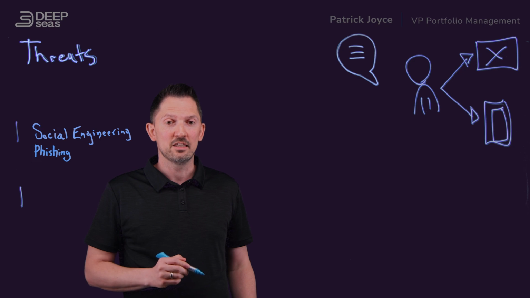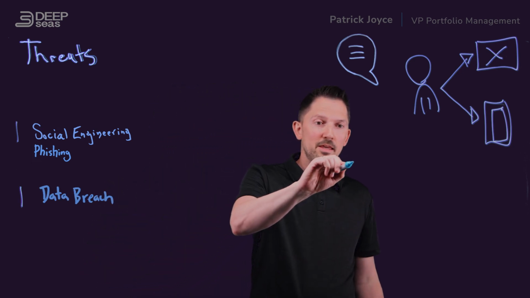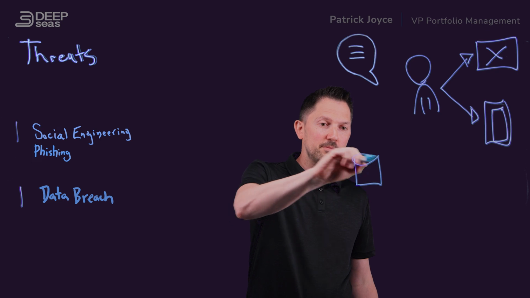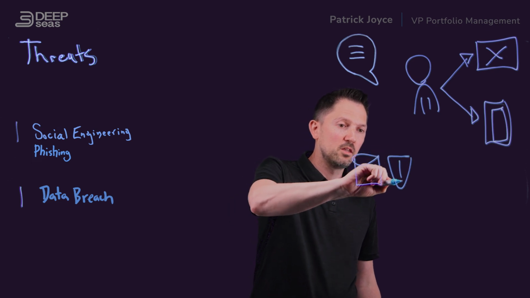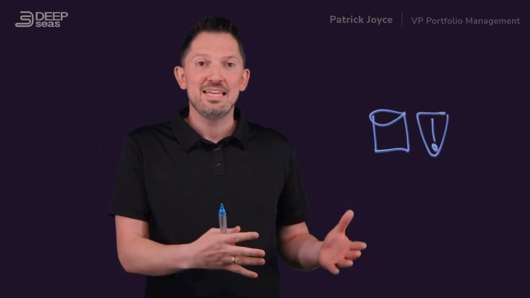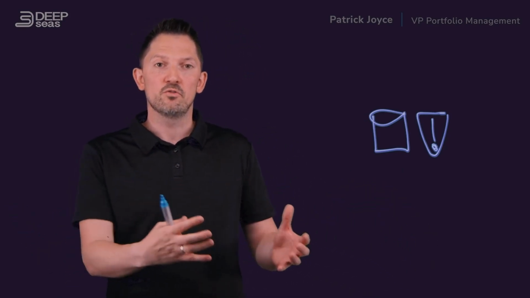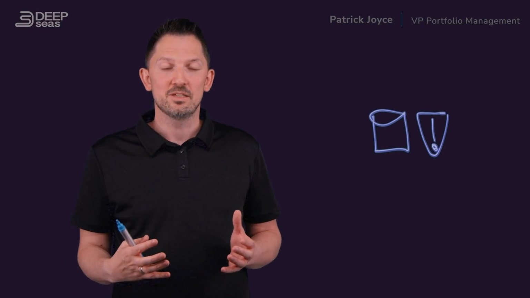the next style of attack that I want to describe, called a data breach. And in a data breach, the attacker is trying to gain information. They're trying to extract data from either your network or from one of your trusted applications.